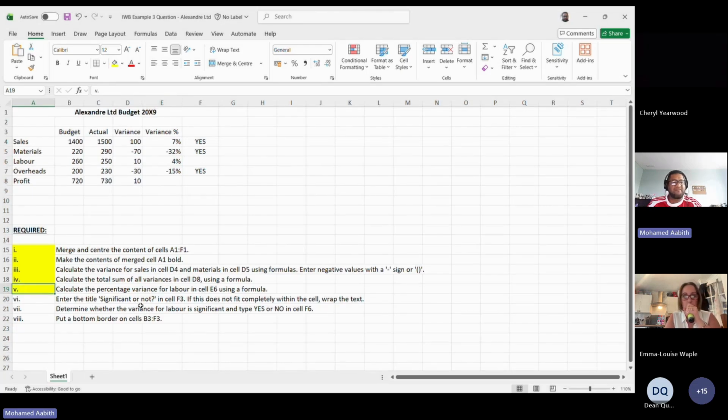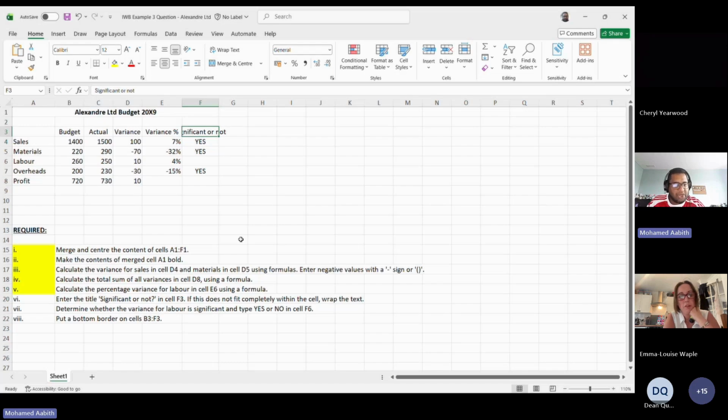Enter the title significant or not in cell F3. If this does not fit completely within the cell, wrap the text. So let's say here, significant or not. If I've done that, can you see here? It is going all over the place.